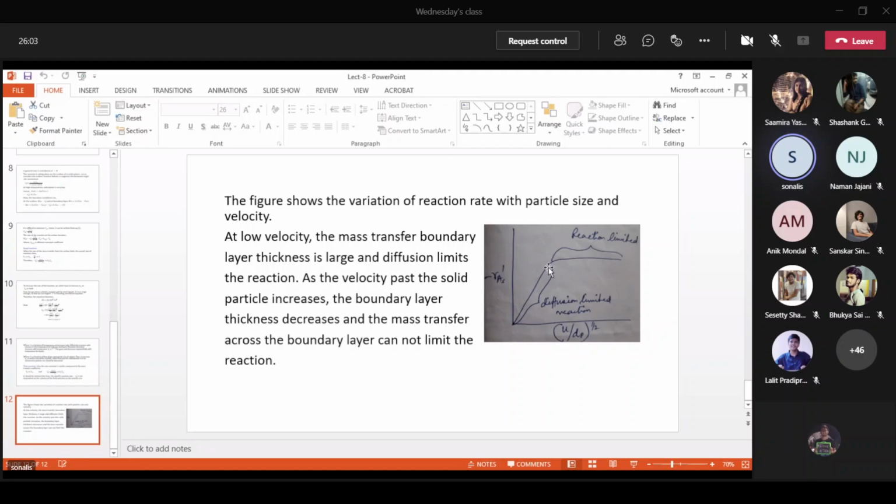After that, one transition point will come where, due to the increase in velocity or decrease in dP, the rate of the reaction becomes faster and overcomes the mass transfer limitation.